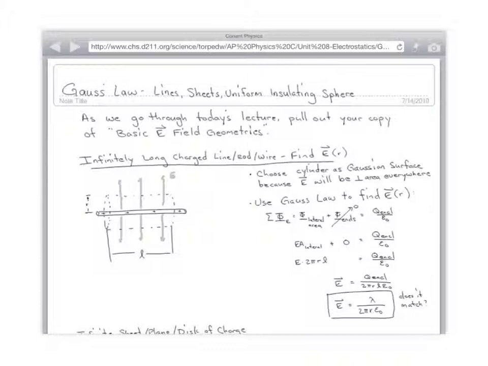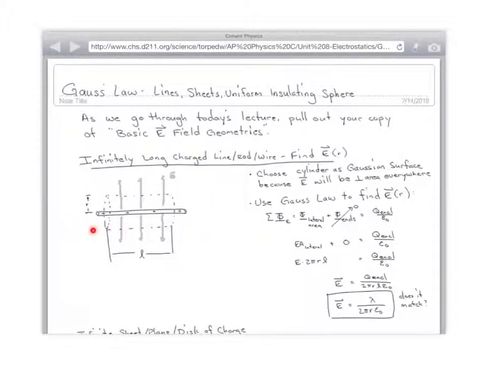All right, so we're going to start with an infinitely long charged line, rod, wire, whatever. What Gaussian shape would you draw for a line of charge such that the E field always hits the surface perpendicular to the surface? Cylinder. You draw a cylinder on the outside. So here's the cylinder that we drew.